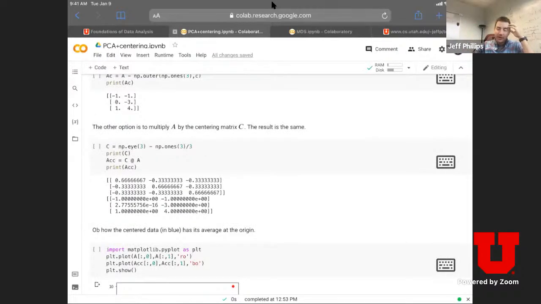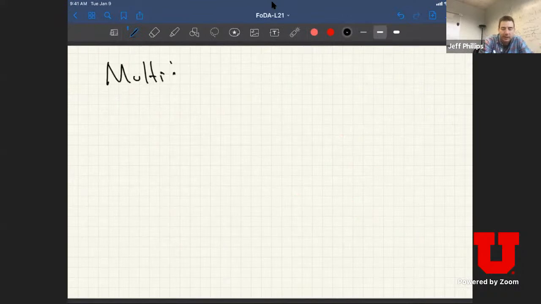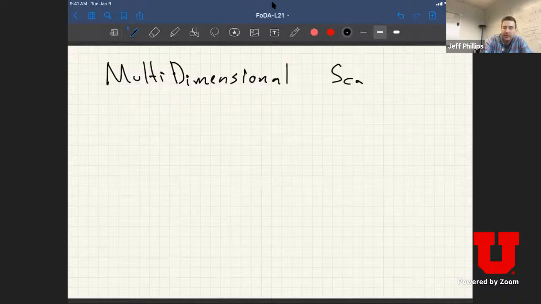Okay, so let's get back to multidimensional scaling. This is MDS.